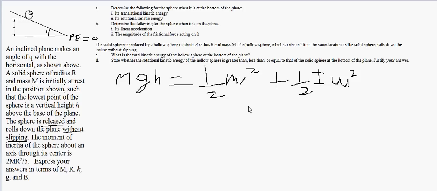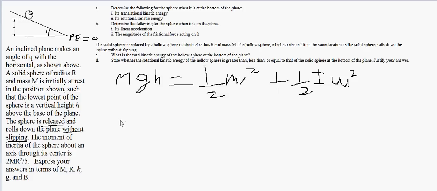In a translational motion, the greater the mass, the harder to make it move. It's the same thing for rotation. The greater the inertia, the harder to make something rotate. And the angular velocity is the equivalent of the linear velocity. So it's basically the same thing.